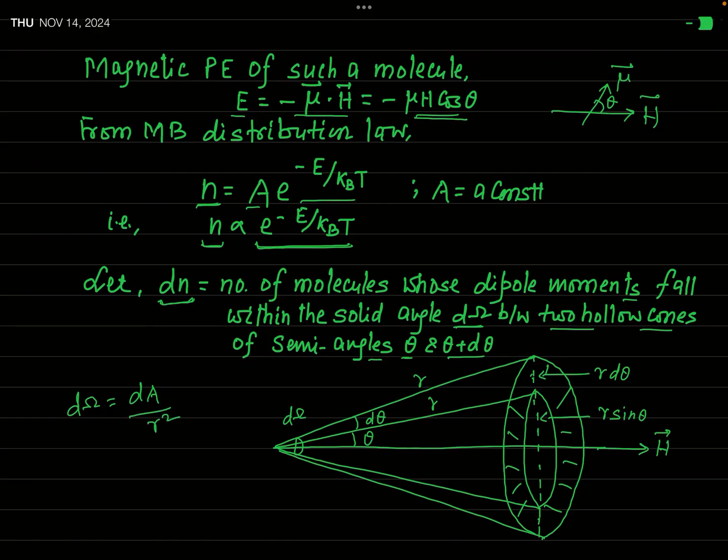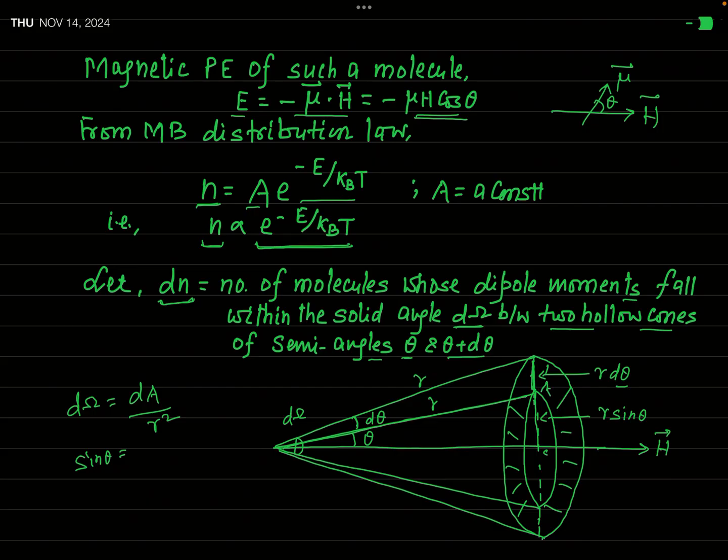But what will be the area of this annular ring? You can see the width of this annular ring is equal to this much. Since this angle is theta, this width will be r d theta. Okay, and since this is r, the radius of this inner ring will be r sine theta. You can see sine theta will be equal to that radius.